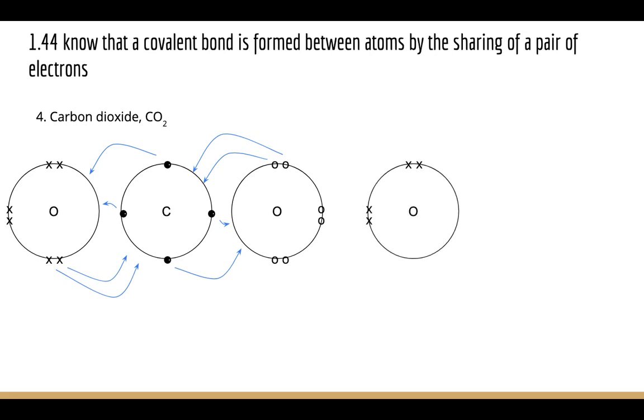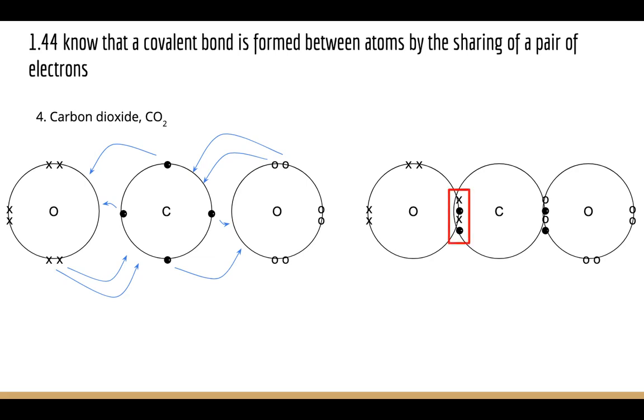So if we draw it carefully, here's my left-hand oxygen. The electrons are there and now bonded with the carbon. The carbon shares meanwhile in return 2 electrons. Here's my right-hand oxygen sharing 2 electrons, and again the carbon in return is sharing 2 electrons. So here is 4 electrons.